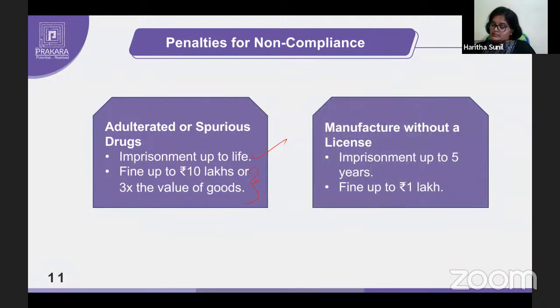And then the next one is manufacturing without a license, which is imprisonment up to 5 years and also a fine up to 1 lakh. So these are the penalties given when any type of offense is seen in the manufacturing as well as importing of drugs.